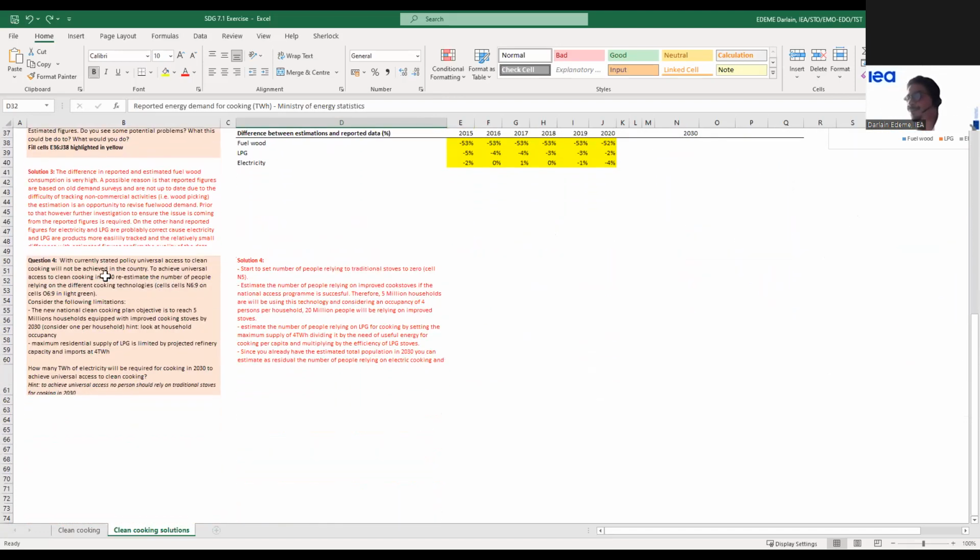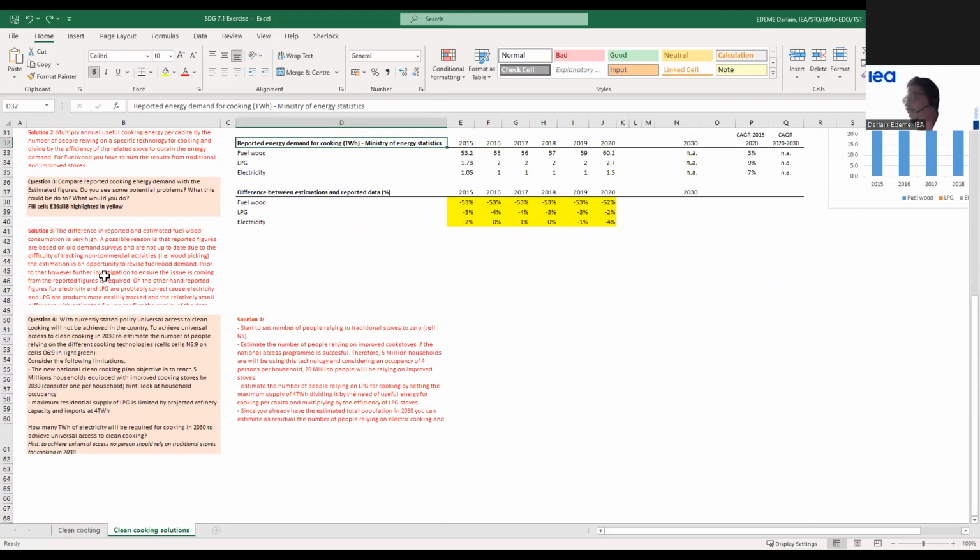Last question, which is: with the currently stated policy on universal access to clean cooking, this country, for example, will not be able to achieve universal access to clean cooking in 2030. So you need to re-estimate the number of people relying on the different cooking technologies in 2030.